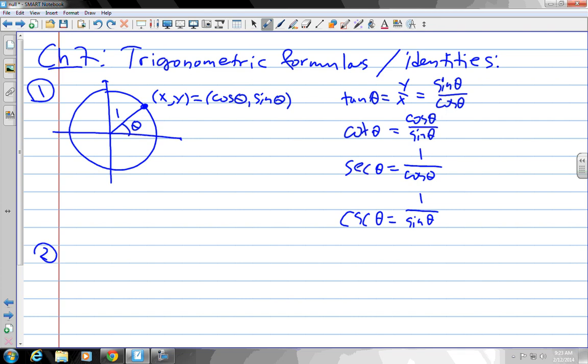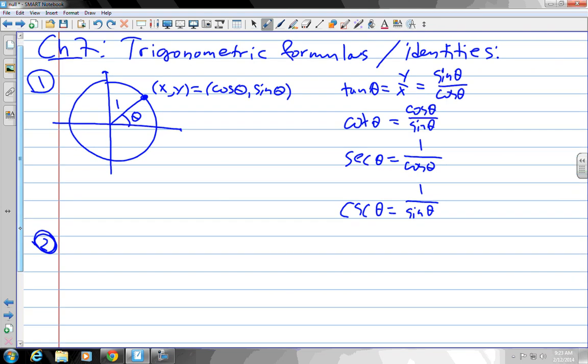Now, on your exam, you had an extra credit question. Just by looking at the unit circle, can you identify whether sine, cosine, or tangent are odd, even, or neither functions? Okay? Well, what is the definition of an even function?